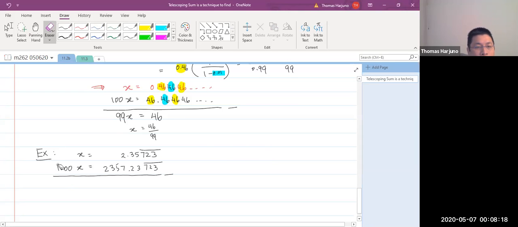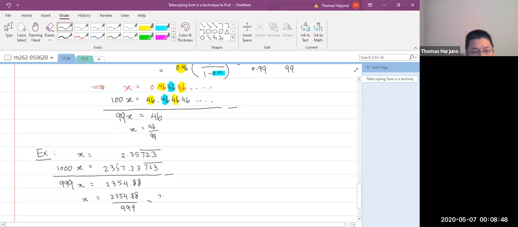Now then, when I subtract backward, I get 999x here, and the one here will be 2355.4 point, supposed to be 9 times 8, 8. So x is equal to 2354.88 over 999.